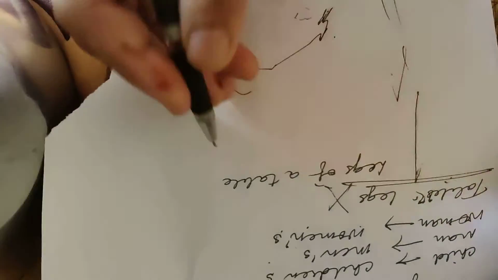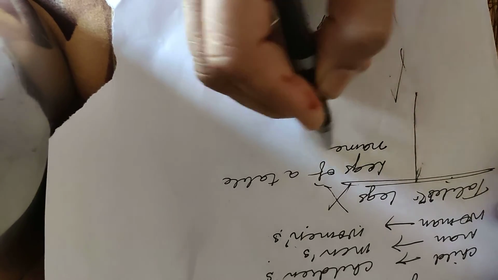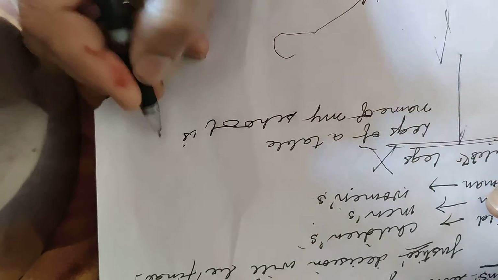Most of the children write, my school's name is. School is a non-living thing, so you can't write my school's name. What you have to write is, the name of my school is St. Francis Xavier School.